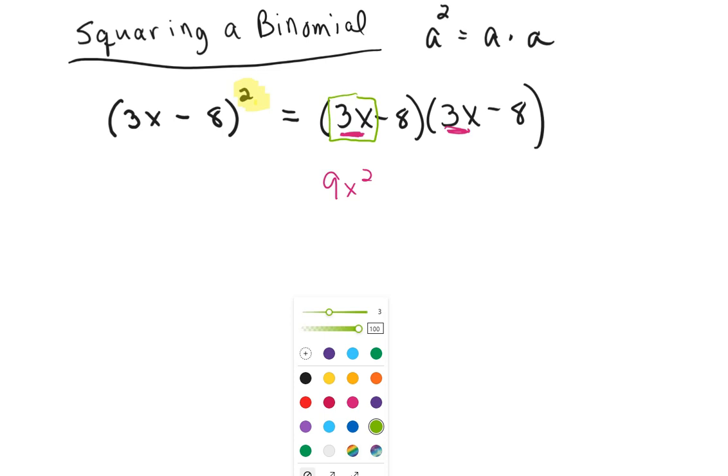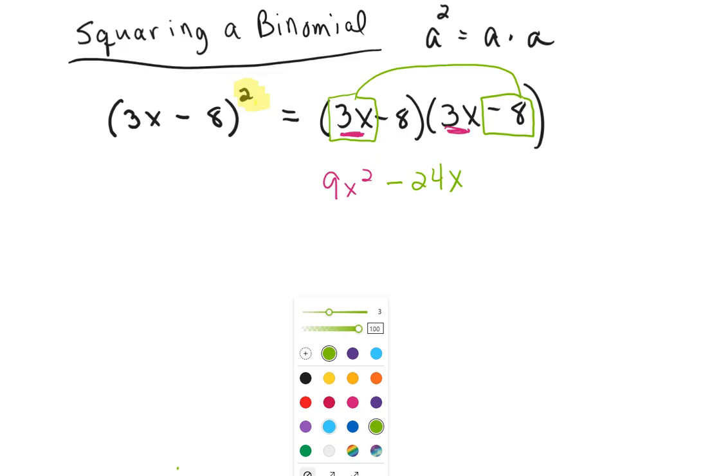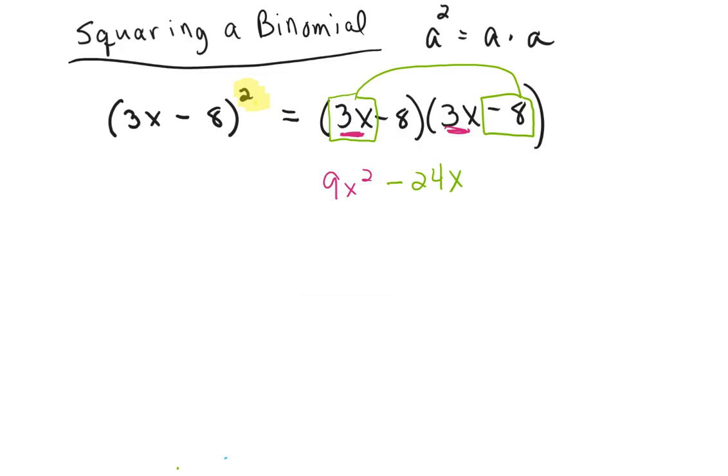The 3x is the farthest to the left, and you multiply that times the minus 8, which is farthest to the right, and that is a minus 24x. And then I go to my insides, and the insides are this negative 8 times this positive 3x, which also gives you a negative 24x.